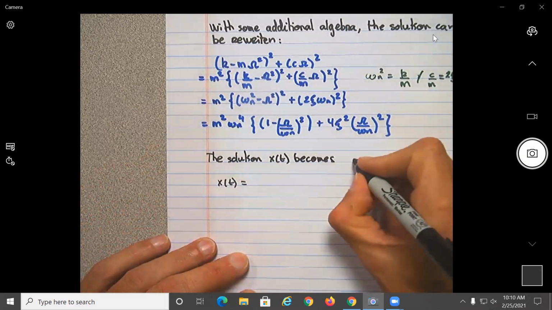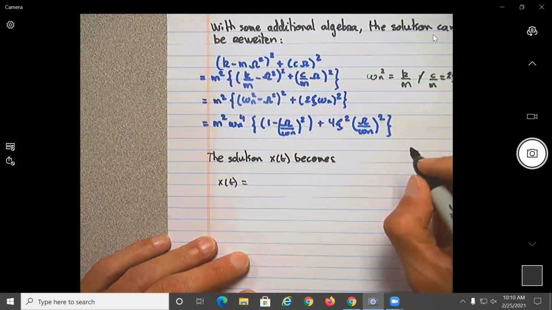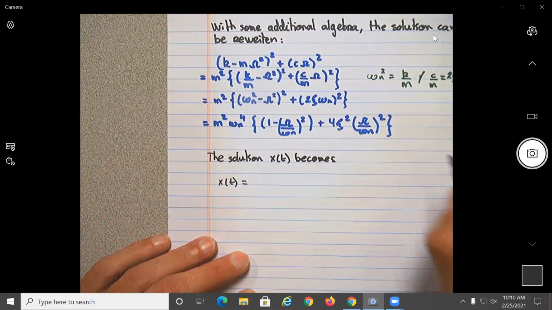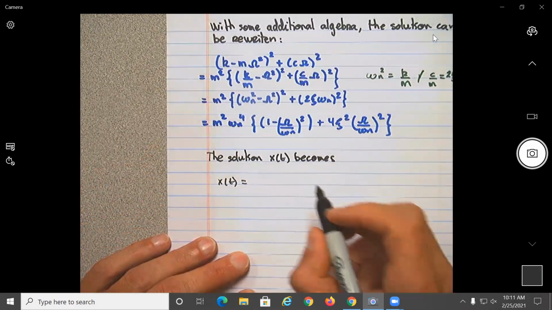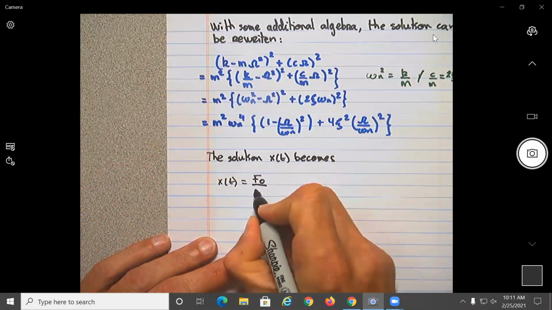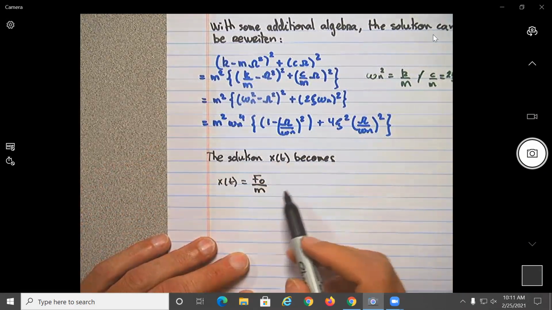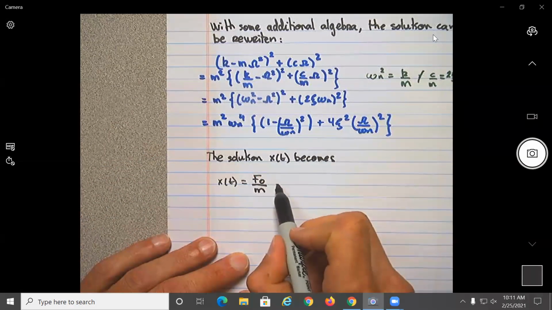So what did we have? We had x of t will be equal to f. I changed a bit the way it's written. So this m, I keep it with this one. And now this term, I just keep it in one term.